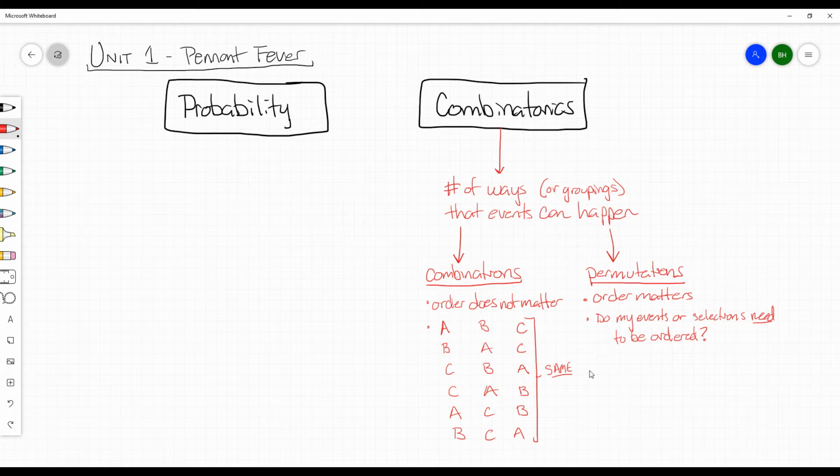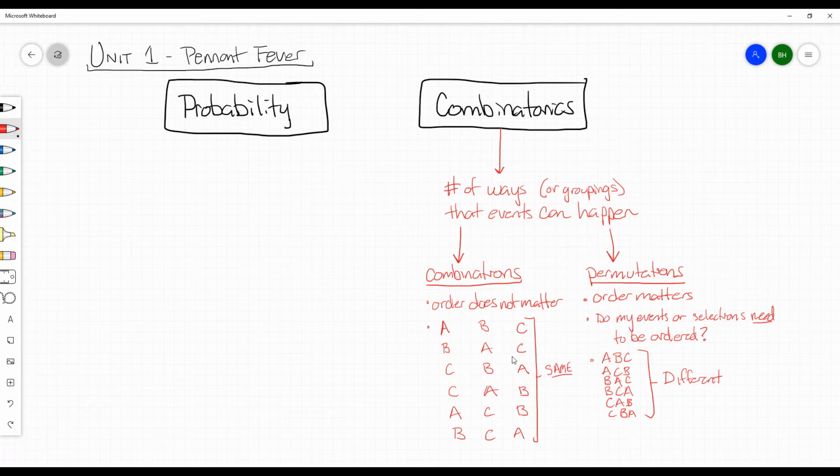Order doesn't matter. However, if you looked at all of these, and I'm going to do them again, ABC, ACB, BCA, oops, BAC, CAB, CBA, these are all different.